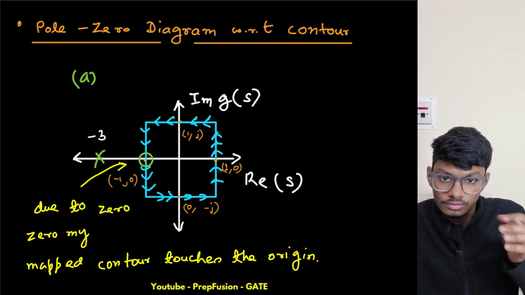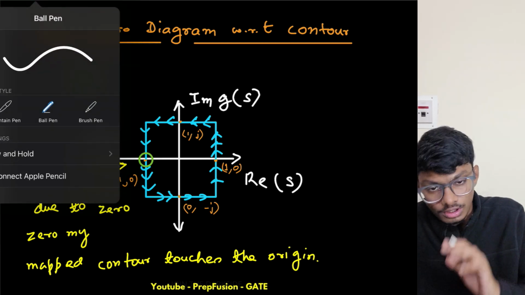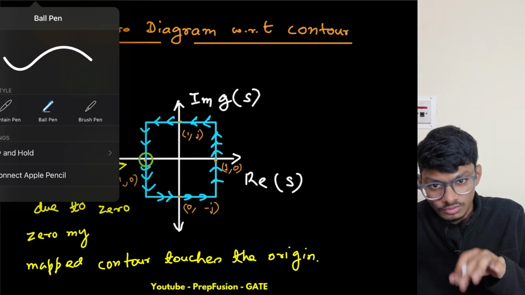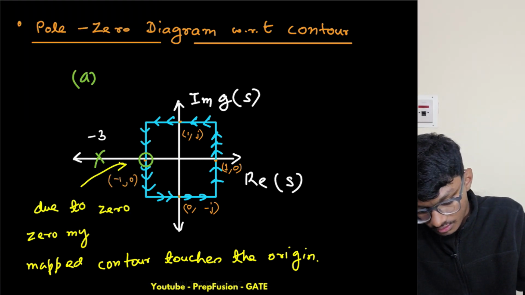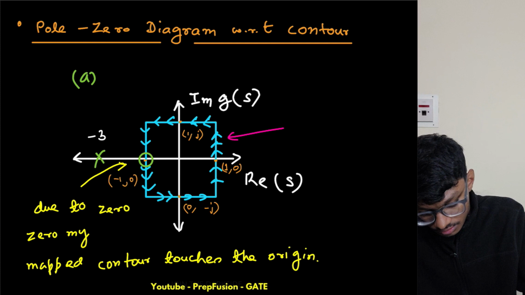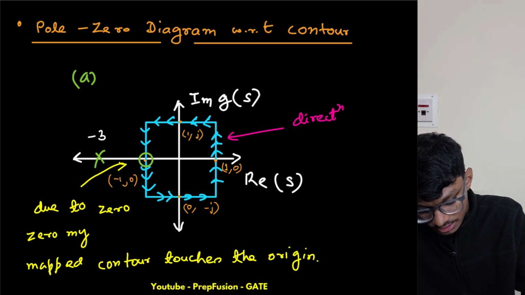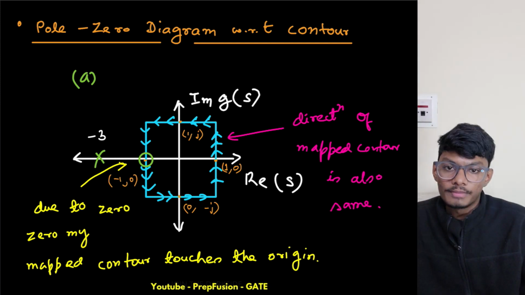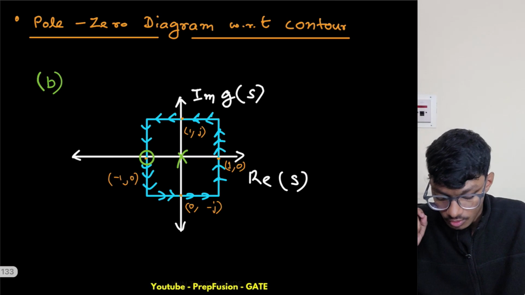The direction of the mapped contour is the same as the contour itself. So as no pole is present inside, that hint has been given out, and only a 0 doesn't change the direction. The direction of the mapped contour is also the same. Okay, let us now go to the second example.